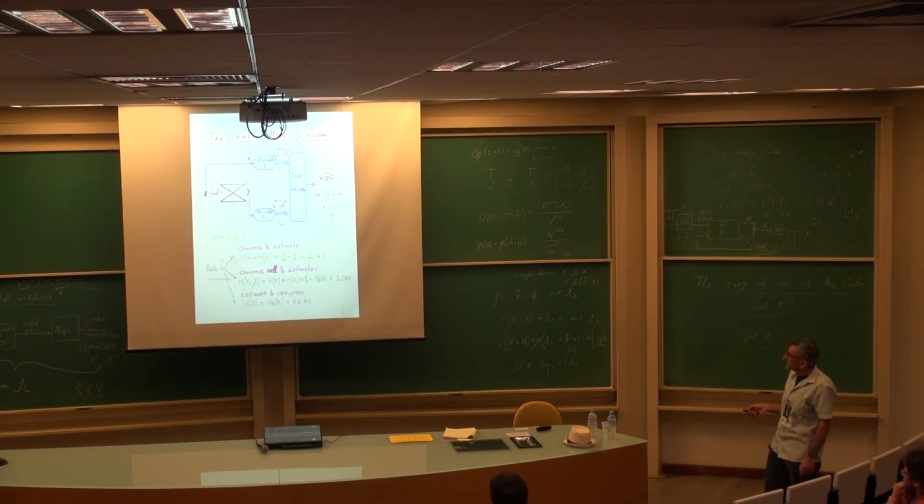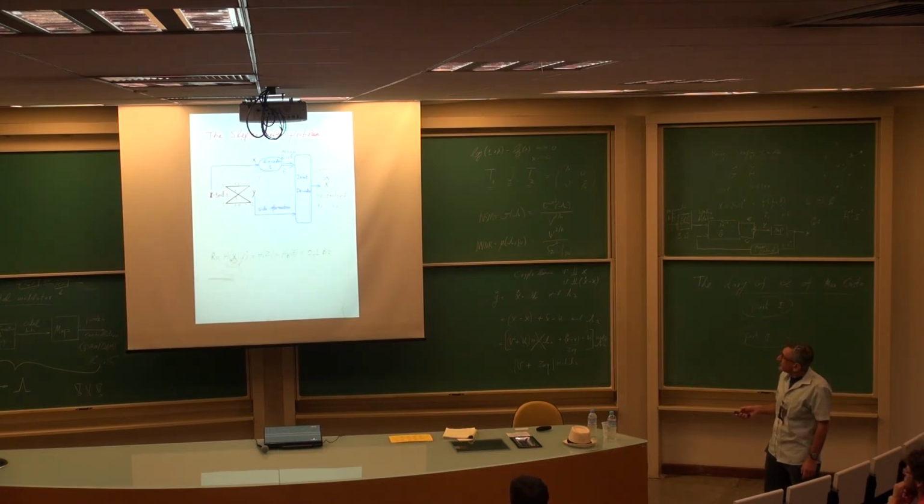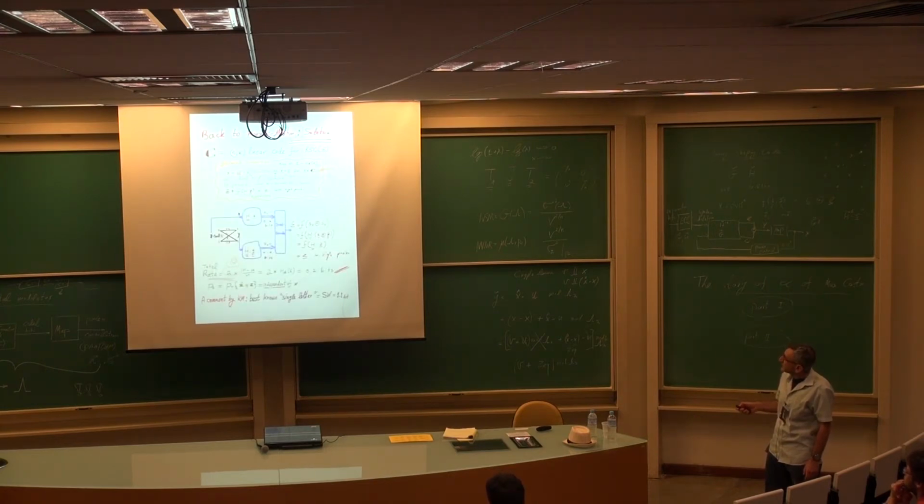So Körner and Marton said, come on, if we could see X and Y at the same point, we could do the XOR, get Z, and then transmit only 0.1 bits. Can we achieve it? And they showed that if we are using linear codes and send the syndrome, the same thing I told you about Slepian-Wolf coding, but each one will send the syndrome.